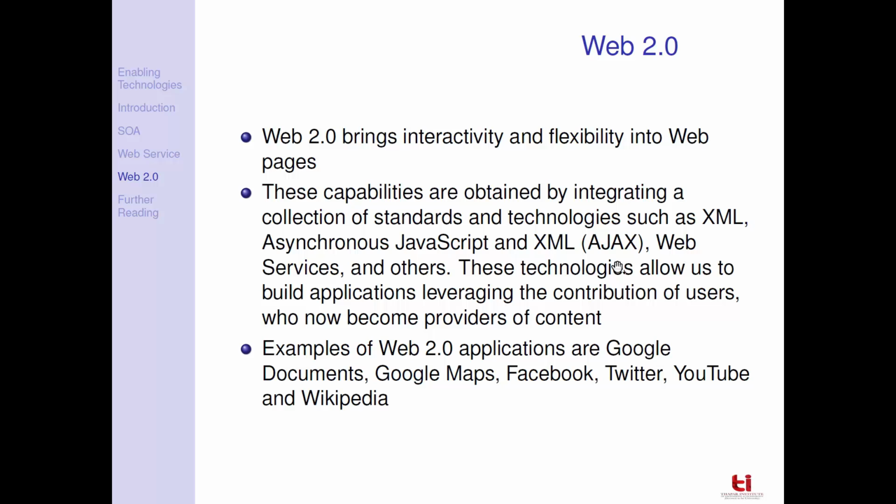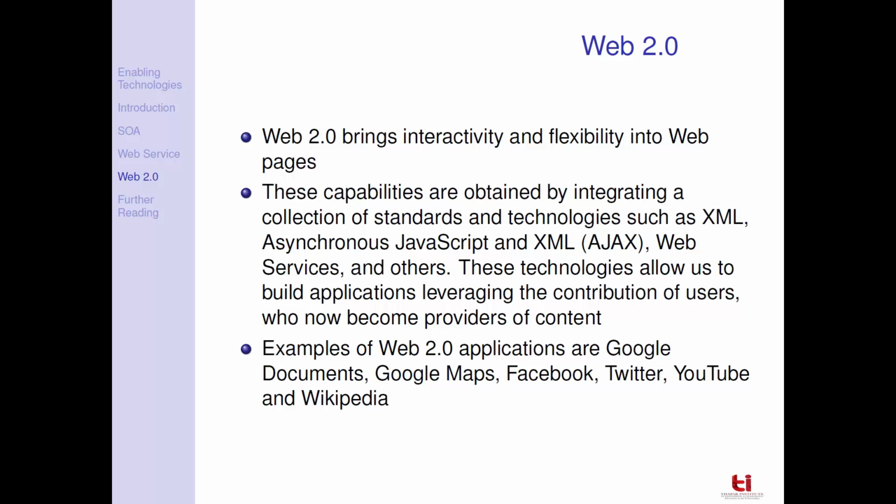We'll look at what AJAX is in later lectures. These technologies allow us to build applications leveraging the contribution of the users who have now become providers of the content. Examples of Web 2.0 applications are Google Documents, Google Maps, Facebook, Twitter, YouTube, and Wikipedia.